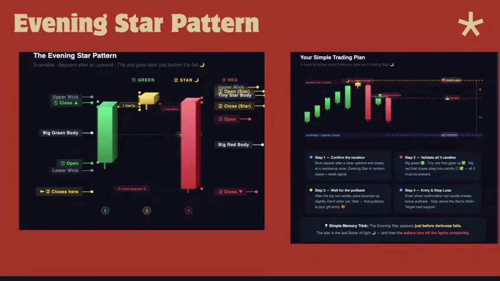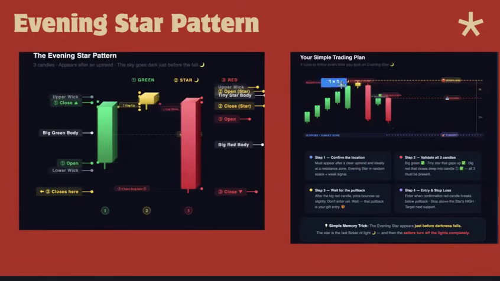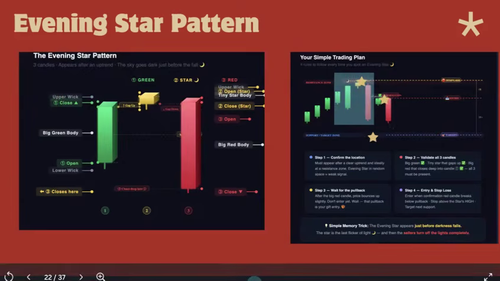Trading plan: spot your evening star at resistance. Enter at the confirmation and pullback. Stop loss will be the low of the indecision candle and target is your support area.